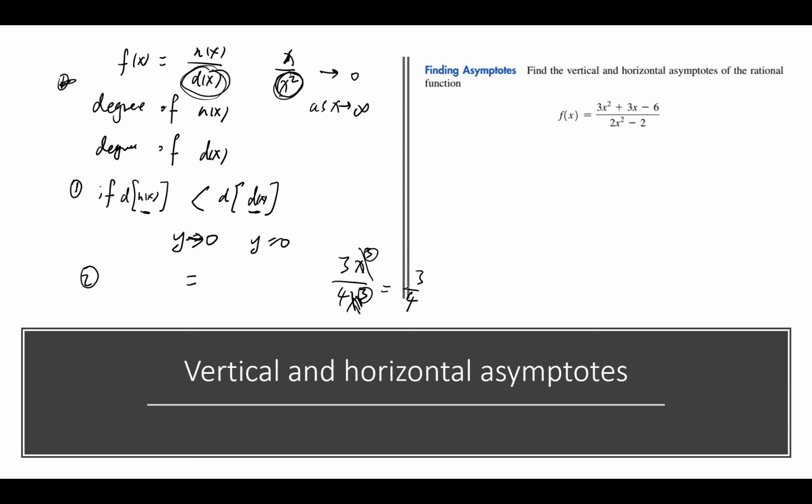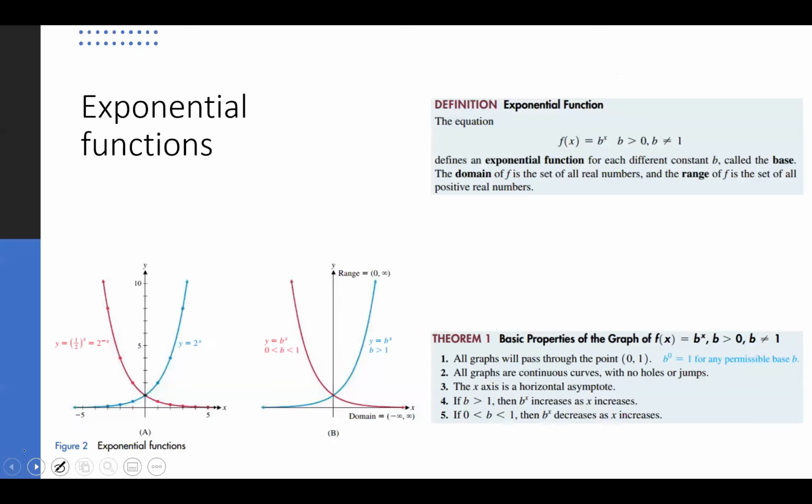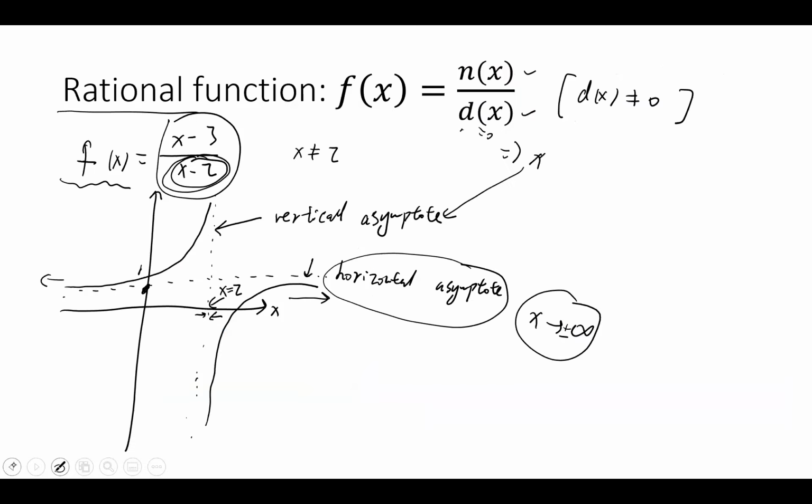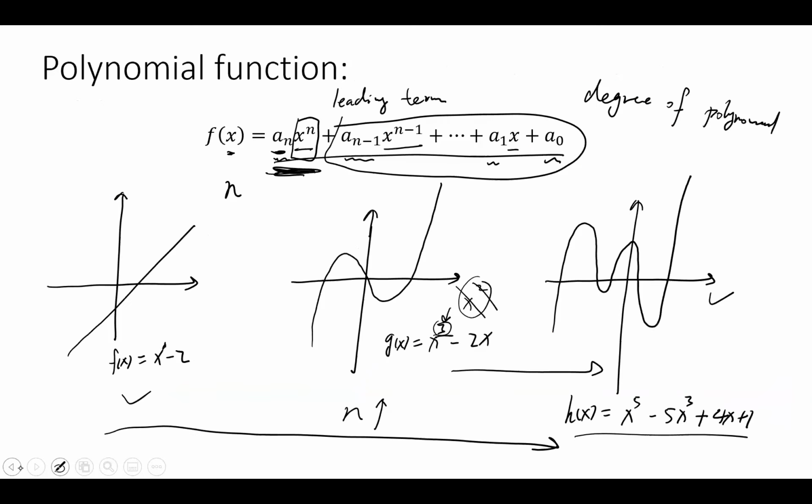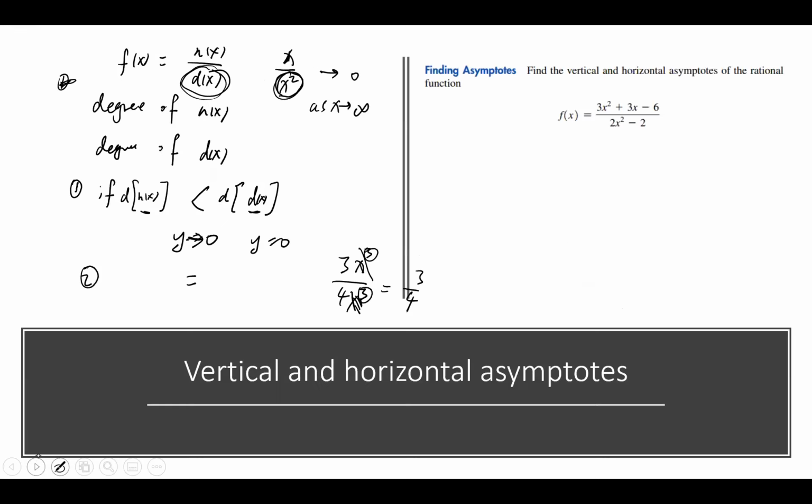This is to say that we only need to look at the leading coefficient. Remember, the leading coefficient is this term, the a_n. So we just take the leading coefficients and plug them in to get the value of the horizontal asymptote.